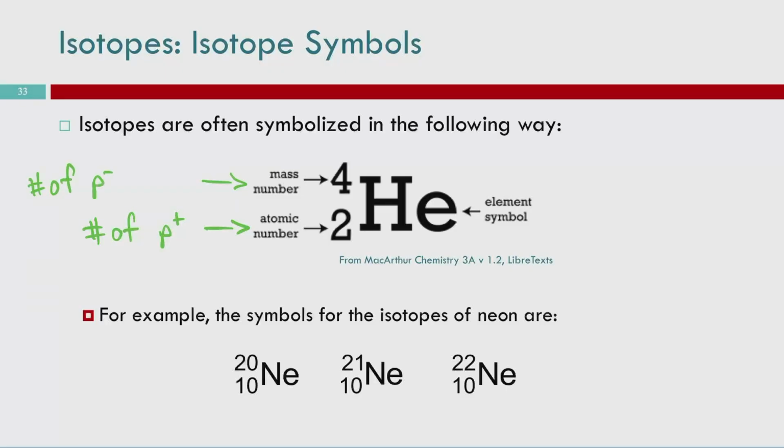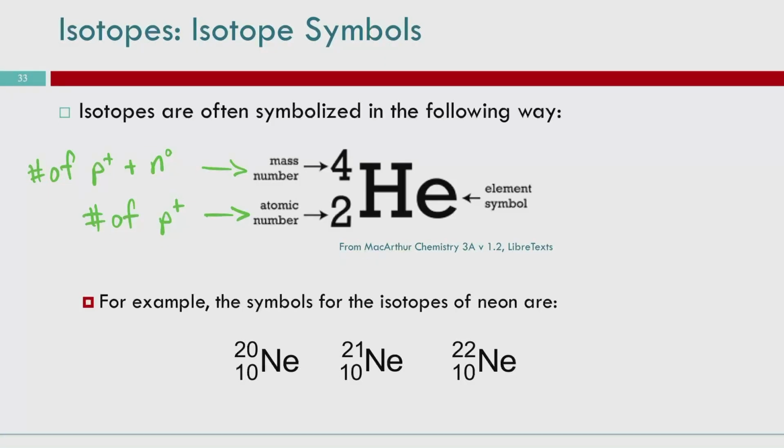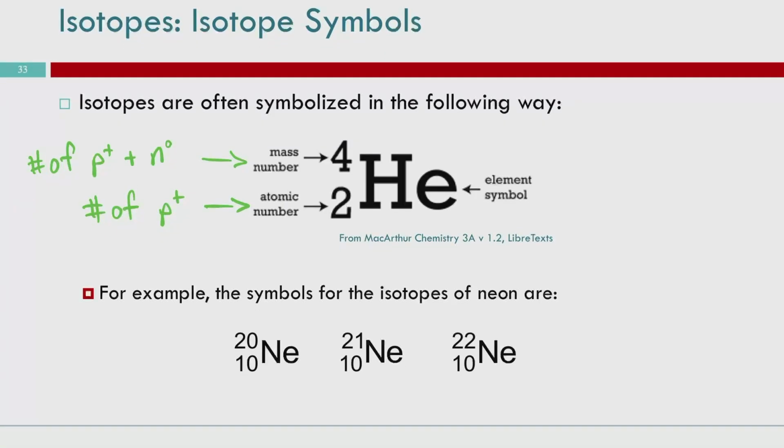So that's the number of protons plus the number of neutrons. And we'll see that on the next slide. So some symbols for neon, for example, 20 over 10, neon, 21 over 10, still neon, 22 over 10, also still neon.